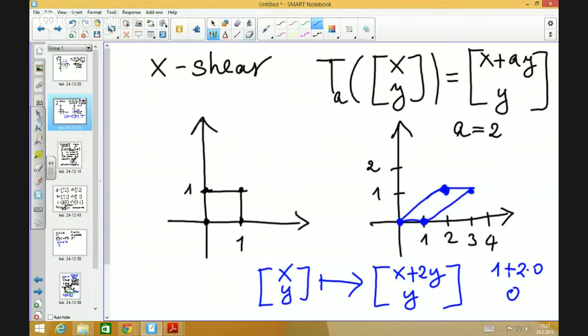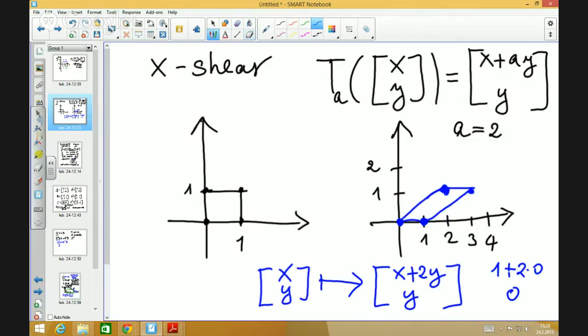So what we've done is we've taken our square and we have tilted it by this factor here. The tilt is towards the right because the shearing factor is positive. If it was negative, we would just have tilted the other way.